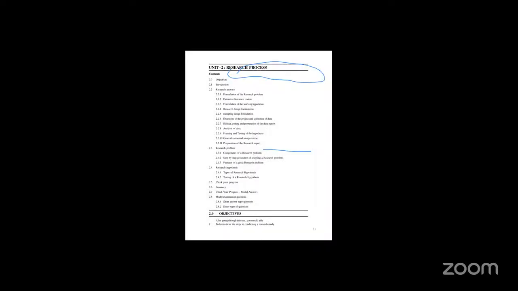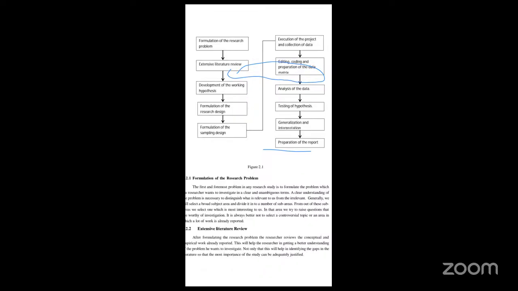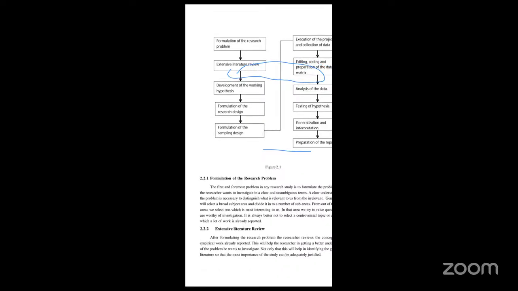So in this research process also, those are included. So now let us go for the fundamental research. What are the main steps of the research process? How can we define the research process? So let me tell you that.